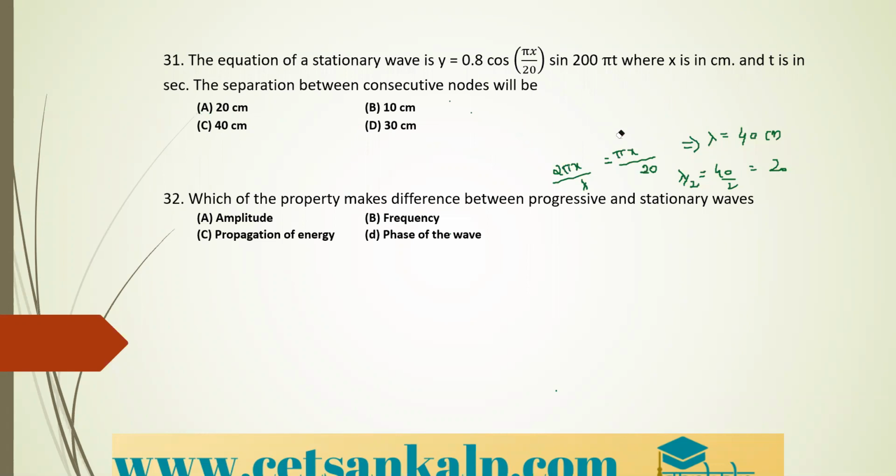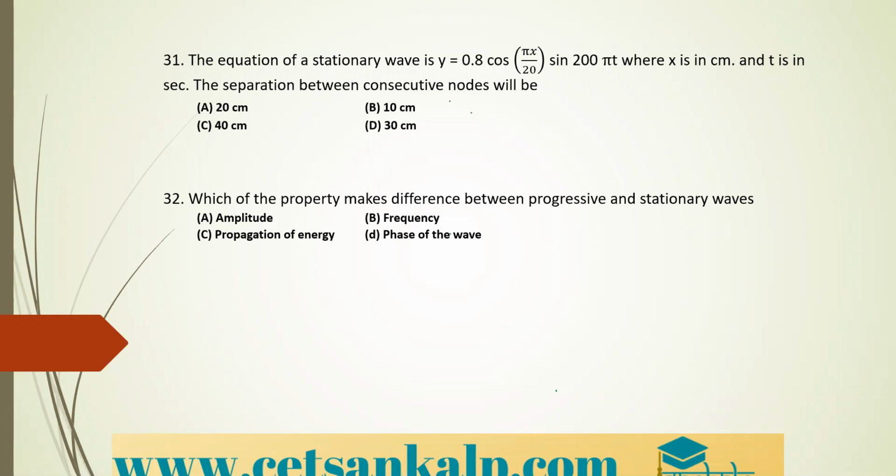Next question. Which property makes the difference between progressive and stationary waves? As we know the properties of both stationary and progressive waves, based on that we can understand this question. The first option is amplitude, second option is frequency, third option is propagation of energy, fourth option is phase of a wave.